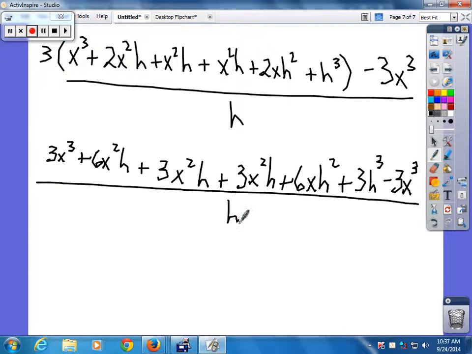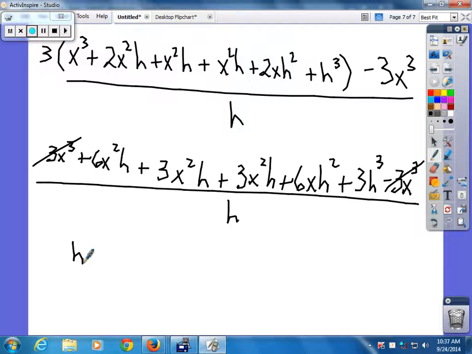Now, yes, you could combine like terms and then distribute. I don't care. You still get the same answer. What happens to the 3x cubes? Is that supposed to happen? Yes, because you're supposed to be left with all h terms because you're going to take h out in the end when you get to that point. So go ahead and factor out h, get that done.